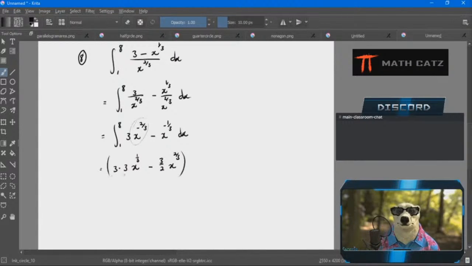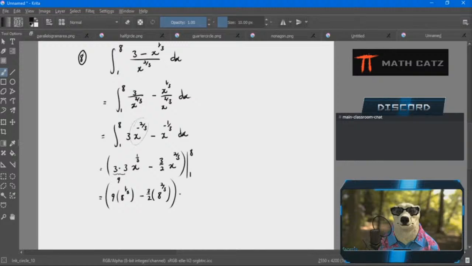And once I'm happy with my antiderivative, it might be a good idea to simplify it, because now I have to plug in the top boundary value. So I'll have 9 times 8 to the 1/3 minus 3/2 times 8 to the 2/3.